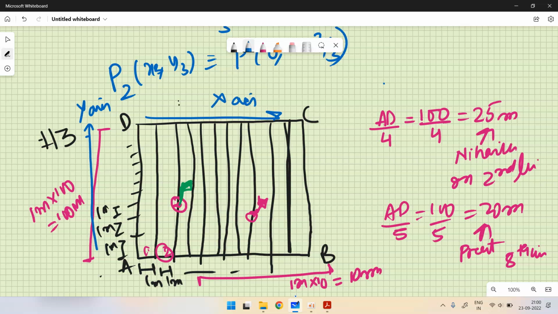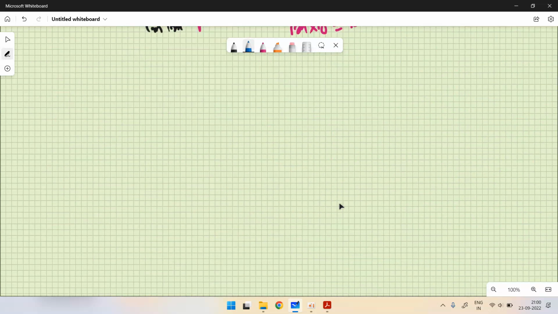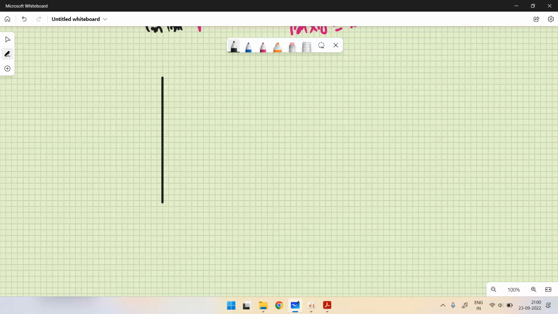With respect to the axes, the figure looks like this. One point is like this.